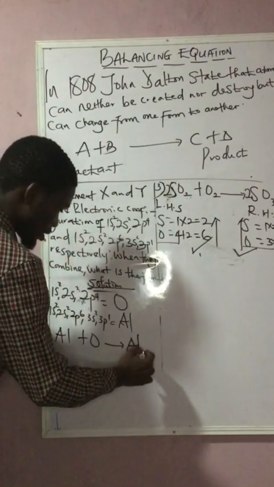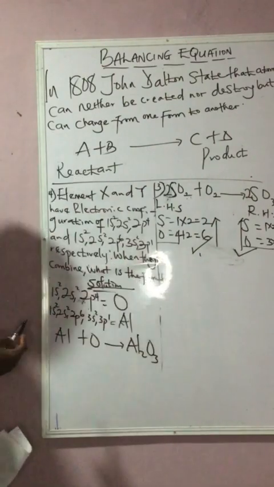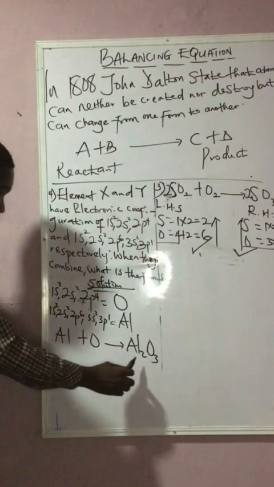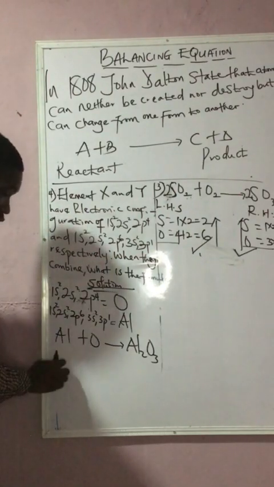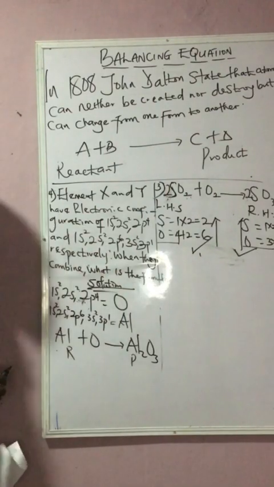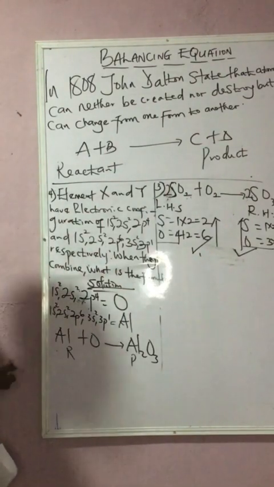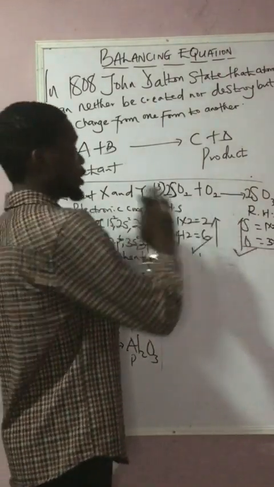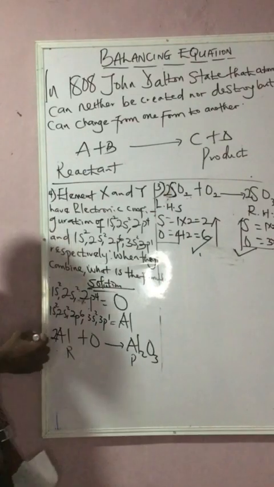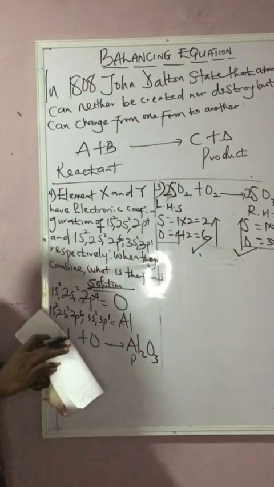Then we have this and this. So looking at what you have on the board there, the aluminium at the product side is 2, while at the reactant side we have just 1 aluminium. So with the knowledge of what we have here, we just have to add 2 at the back of this aluminium because you have the idea already.